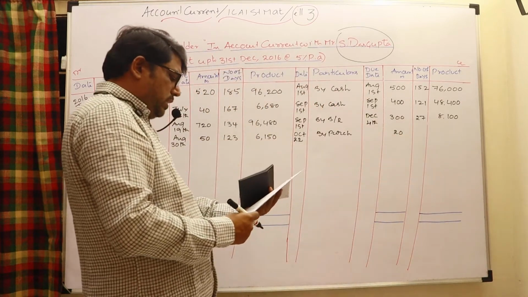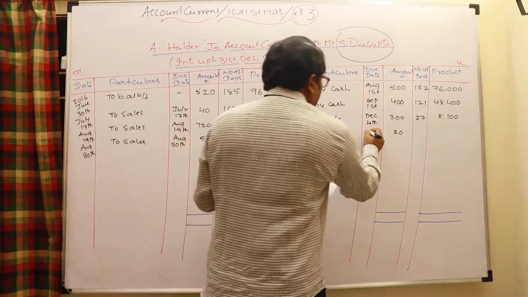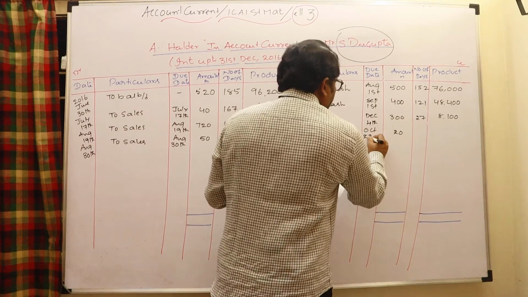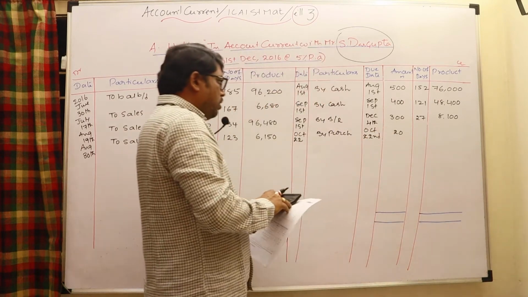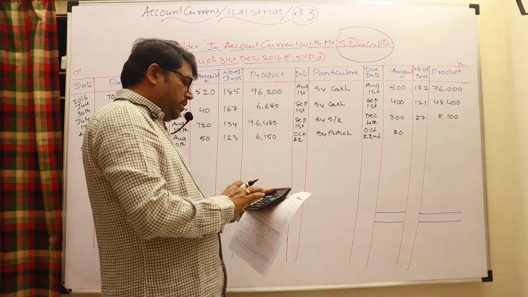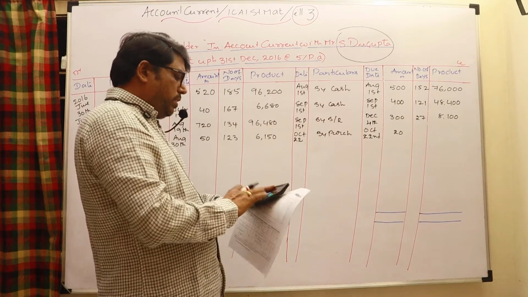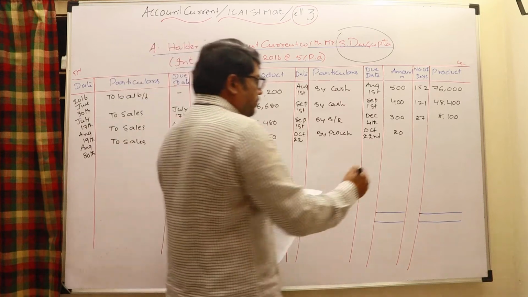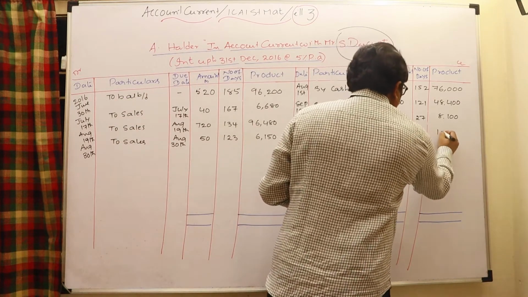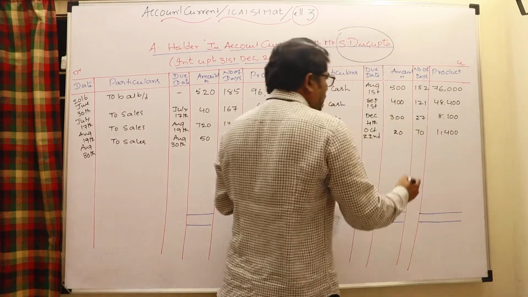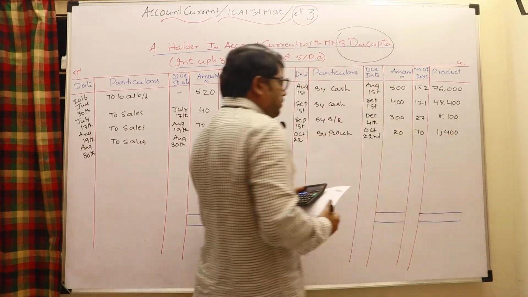No separate due date is given, so you can take October 22nd itself as the due date. So in October, how many days? 9. October, November and December. Total number of days is 70. 20 into 70, the resulting product is 1400.